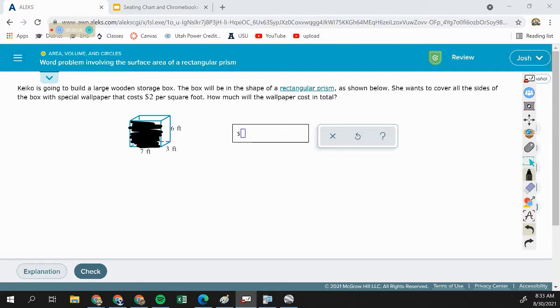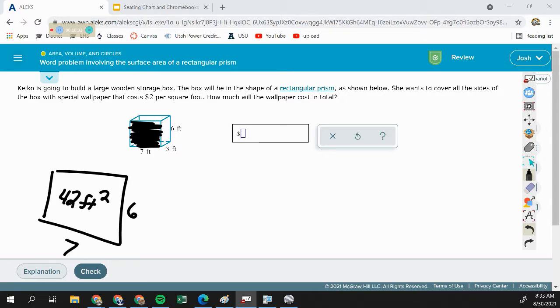How did you get 42? So that rectangle has a width of 7 and a height of 6. So that would be 42 feet squared. Okay? Now what? Do all the other sides too.